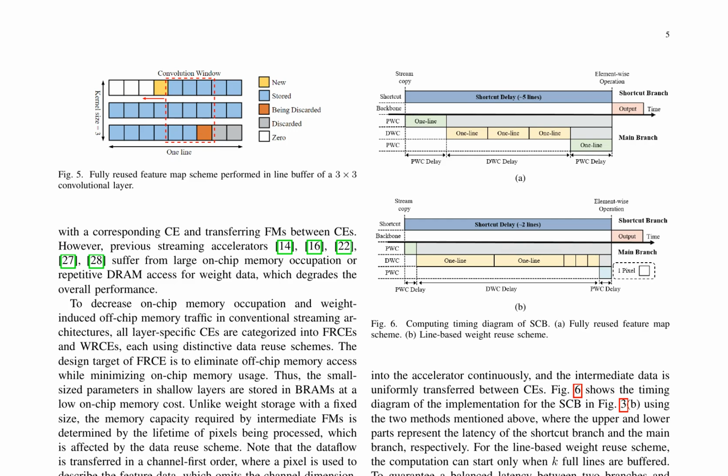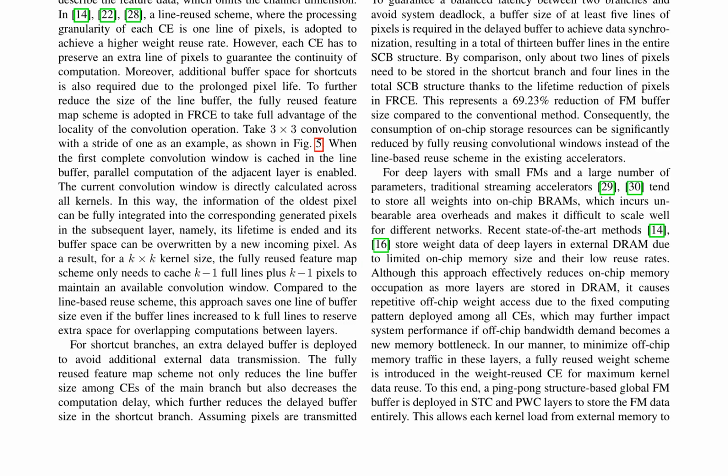acceleration. The research discusses novel approaches to reduce on-chip memory occupation and off-chip memory traffic in streaming architectures. It proposes two types of CEs, FRCEs and WRCEs, each with distinct data reuse schemes. FRCEs focus on fully reused feature maps to minimize off-chip memory access, while WRCEs emphasize fully reused weights for deep layers.